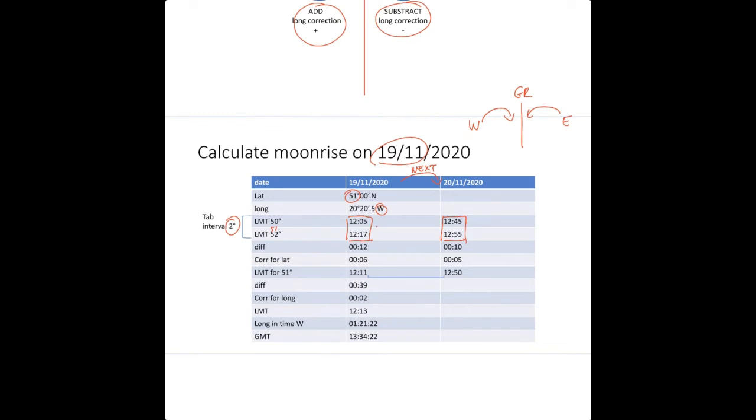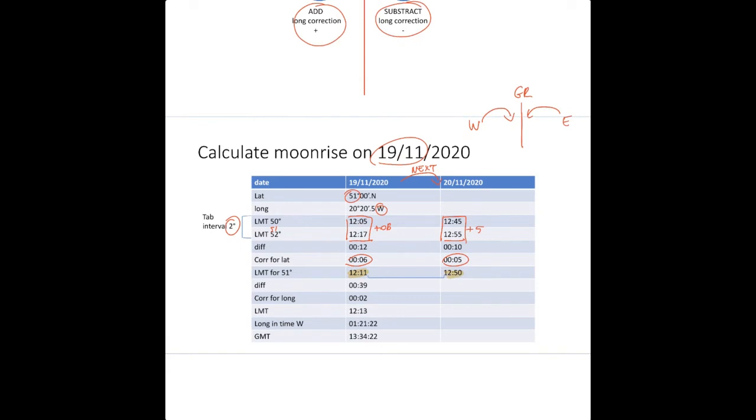So we do 1205 plus 6, and here we do 1245 plus 5. This correction gives us 1211 for a latitude of 51 degrees on the 19th and 1250 for a latitude of 51 degrees on the 20th.